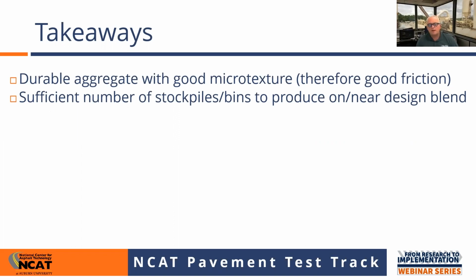I mentioned this earlier. Have a sufficient number of bins or stockpiles in the mix so that you can make some adjustments on the fly. I've actually seen projects where they were one stockpile designs, and when you have a one stockpile design, that might look okay on paper, but then you're at the mercy of whatever the quarry is selling you, and their production band is going to potentially be very problematic for you, because they can drift that band back and forth based on where they are in the deposit or what crushing processes they're using, and you're completely at their mercy.